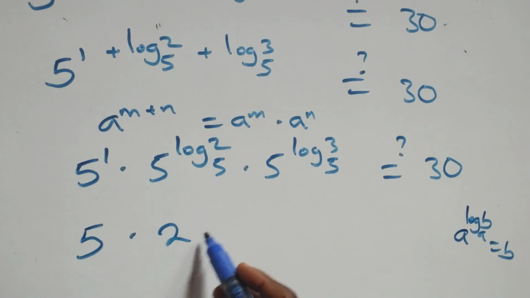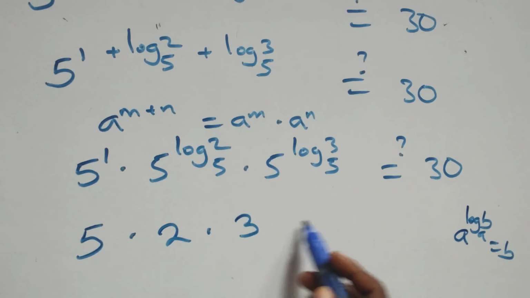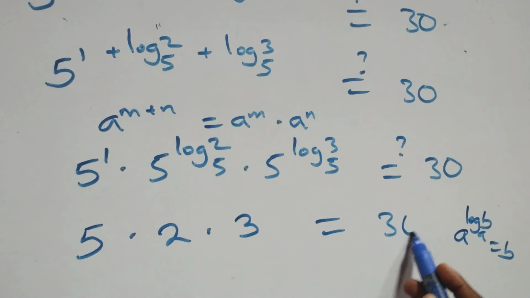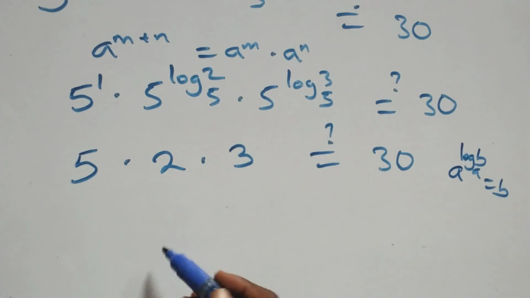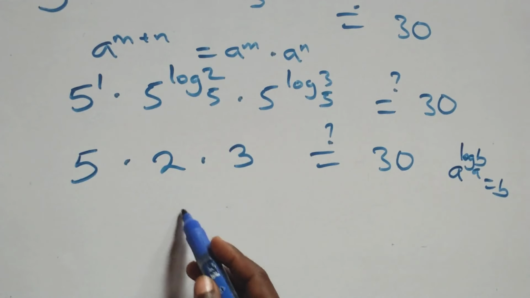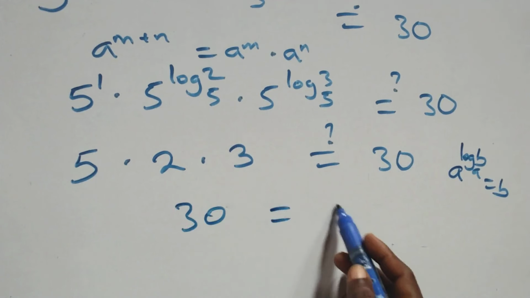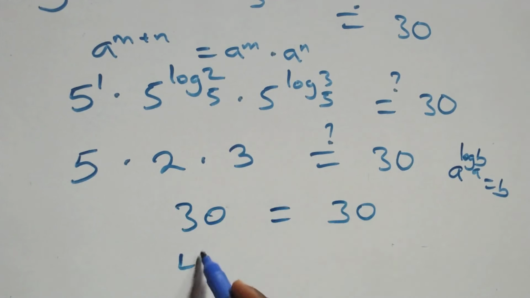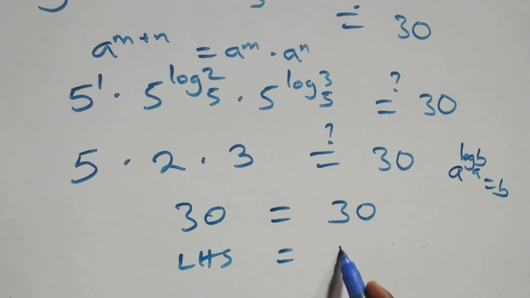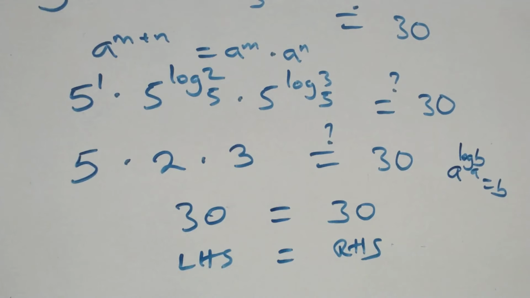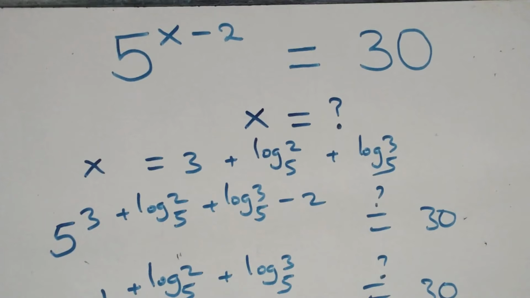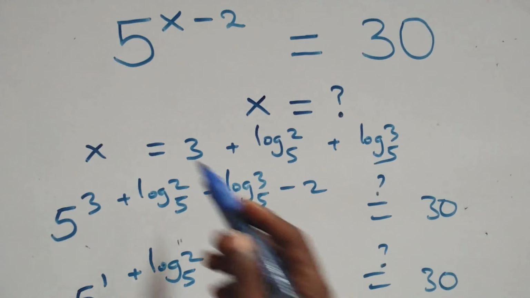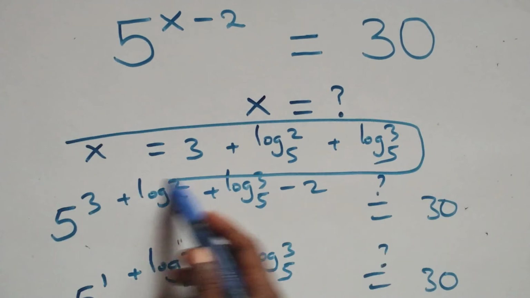Here we have 5 times 2 times 3 equals 30 on this side. And here 5 times 2, 10, times 3, 30, equals 30 from here. Left hand side equals the right hand side. And therefore, we conclude that x equals 3 plus log 2 base 5 plus log 3 base 5 satisfies this given problem.